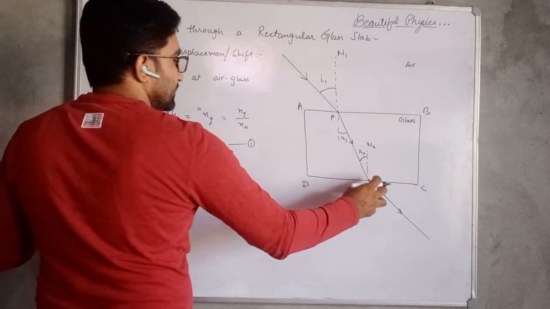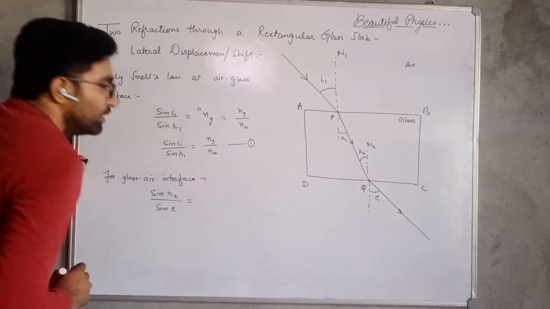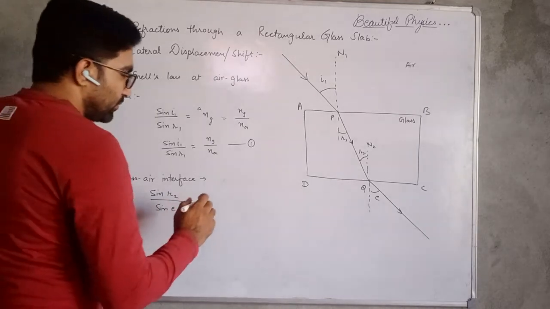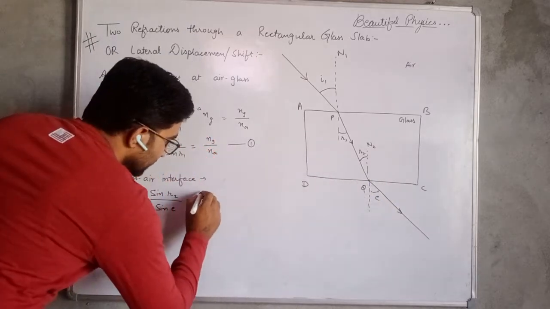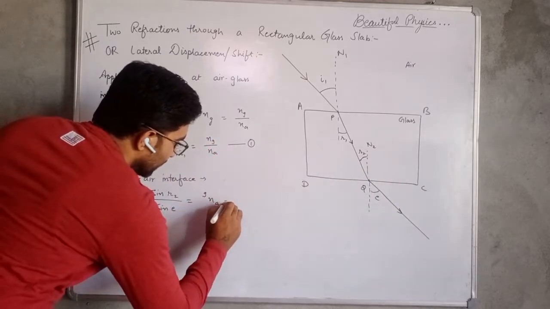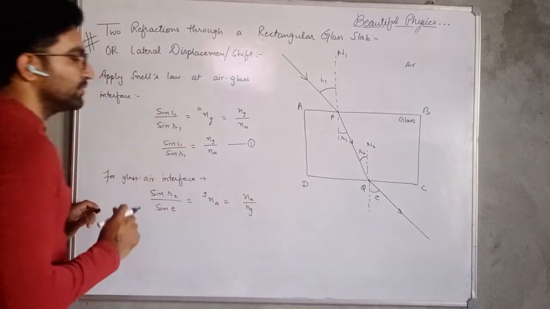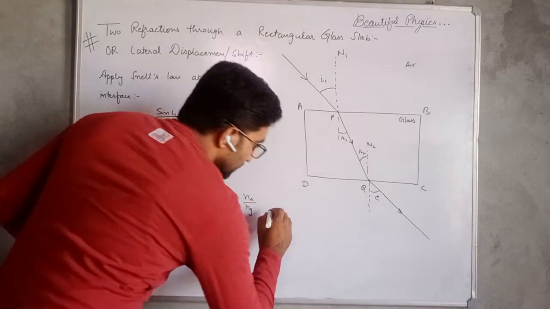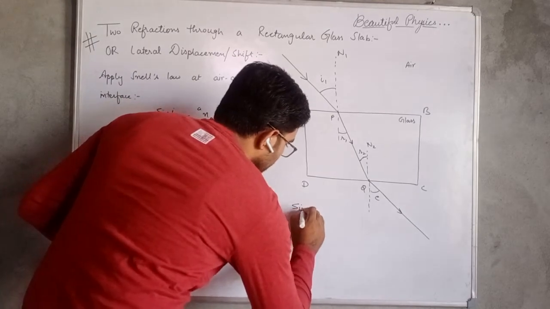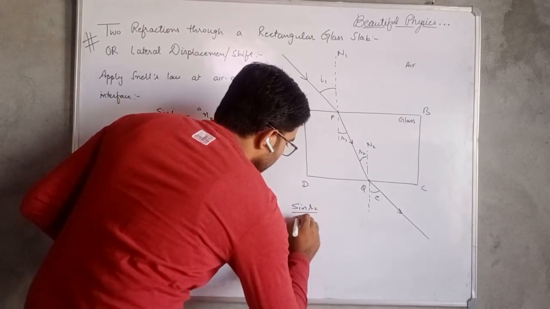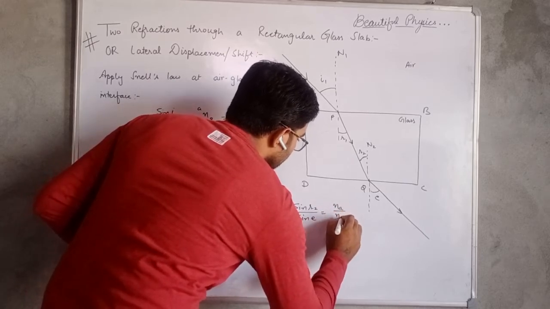Here the light is refracted through angle E. Here the angle of refraction is E, and it will be equal to, again, the relative refractive index. Again, light is going from glass to air, so we can write it as gNa, or it can be written as Na by Ng. Okay, and this equation can be written as sin R2 by sin E equals Na by Ng.